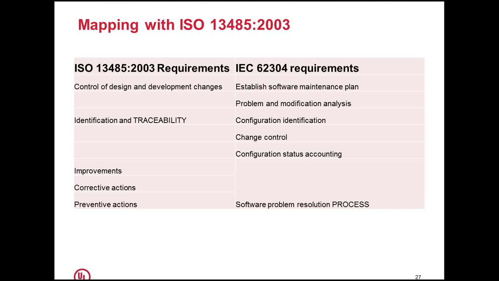Those requirements are addressed through the software problem resolution process. So you need a clear methodology of reviewing the feedback, analyzing it and taking appropriate action, and if required going to the maintenance part of it or into the modification analysis phase and then implementing those changes.